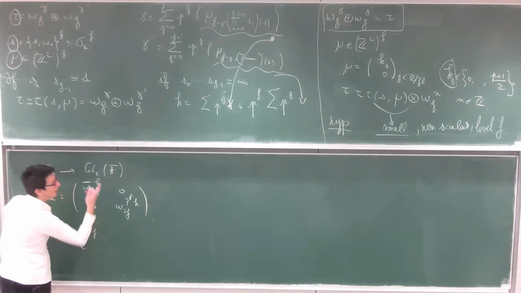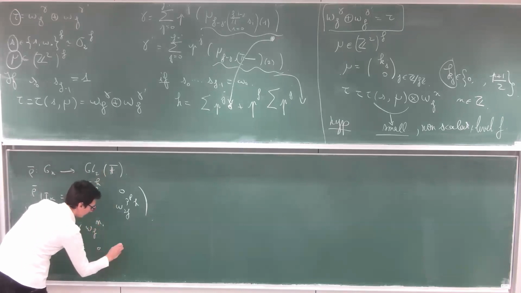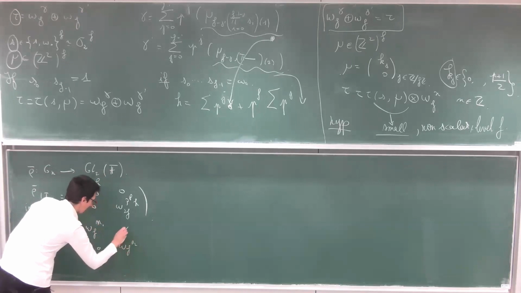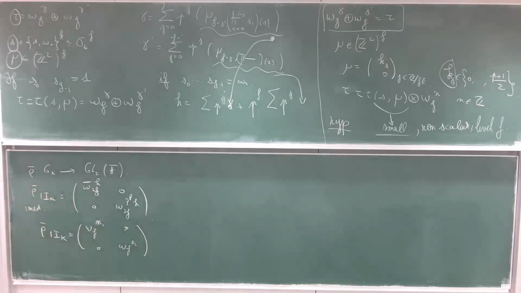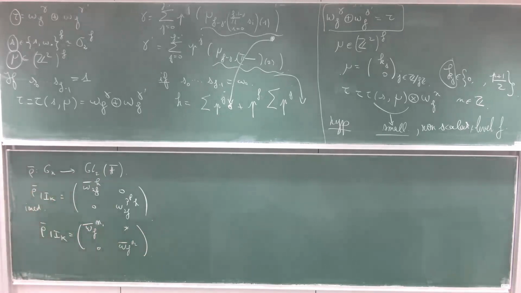I will keep the gamma for N1, for example. Something like that, if rho bar is reducible. Okay. So that's all for rho bar.